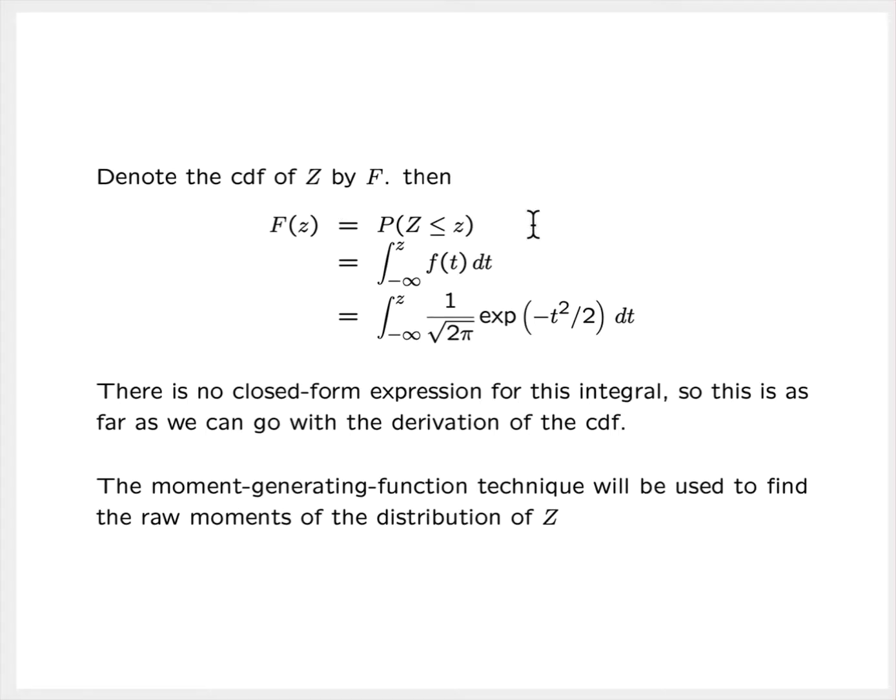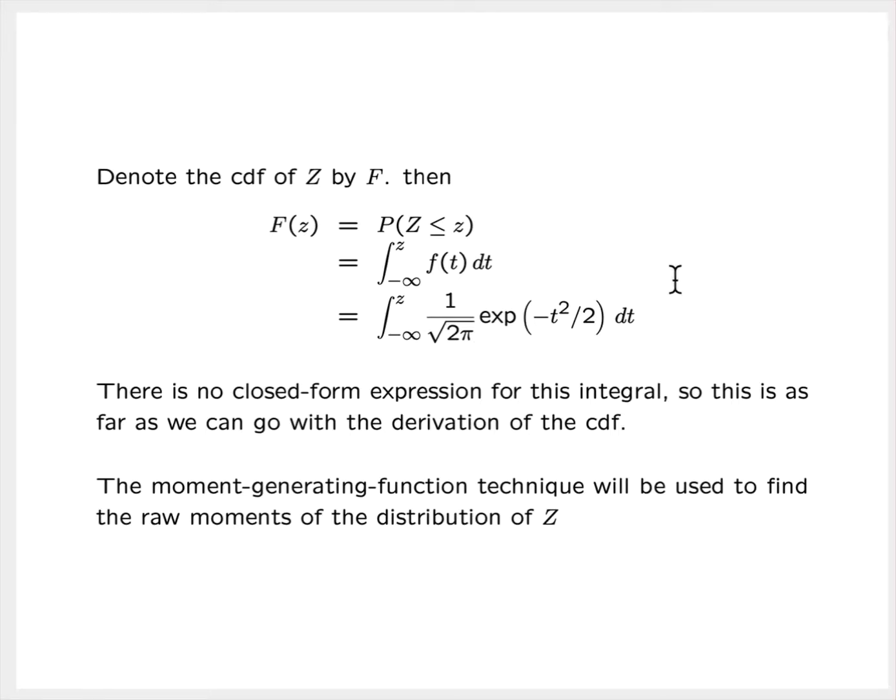And since we're dealing with a continuous random variable, the way that we get this probability is to integrate the PDF from minus infinity up to the value of little z. And so this turns out to be the integral from minus infinity up to little z of this function here. This is the function f, the PDF. And I've got to use a different letter than z as the variable of integration, so I'll use t here.